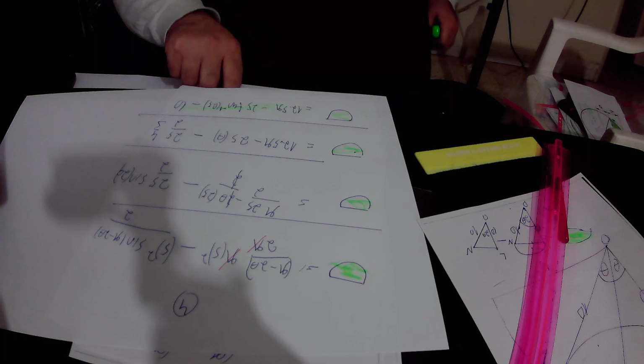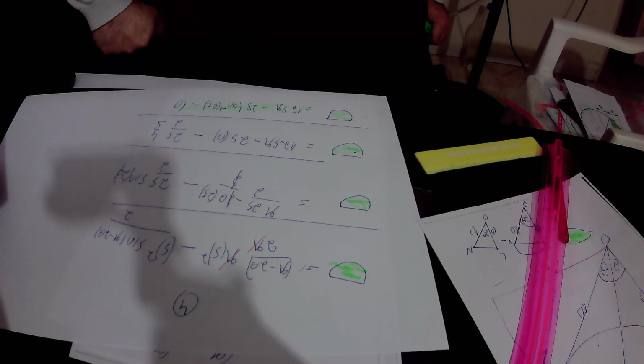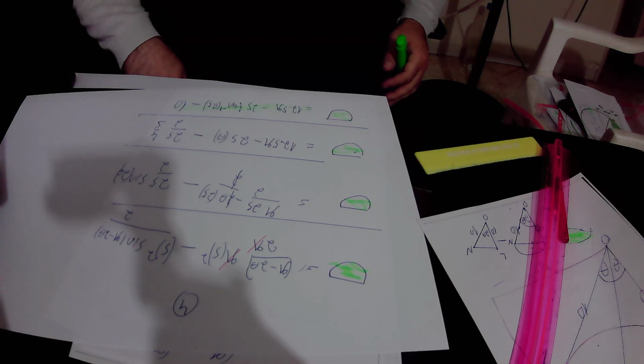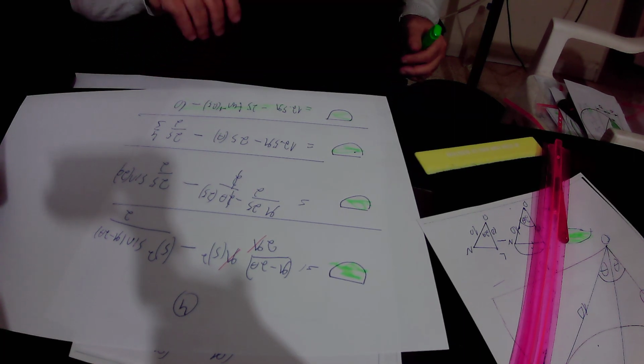Okay, now we can add the area of the upper circular segment to the lower circular segment, and in this way we'll get the area of the big lens.